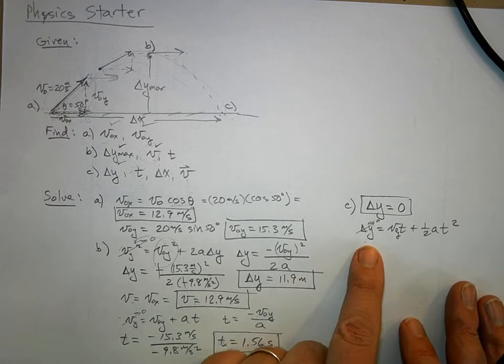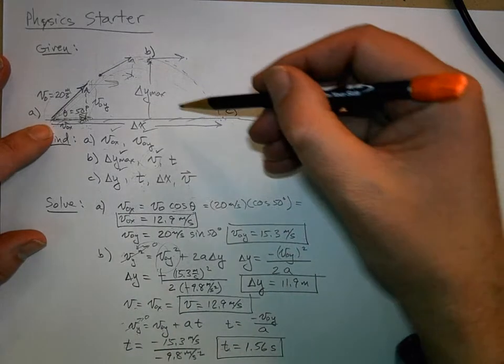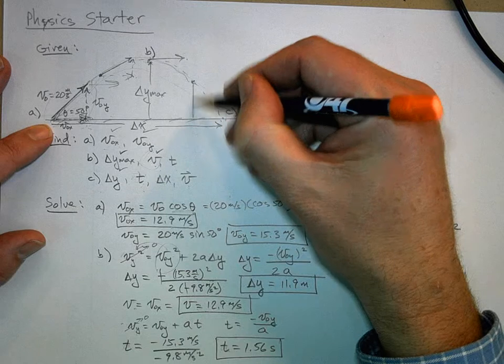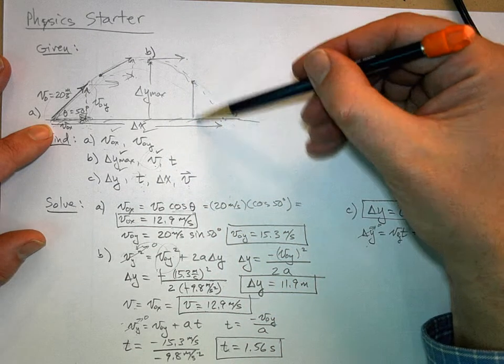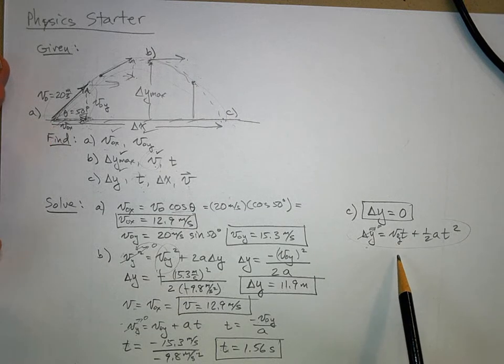If delta y is non-zero and you want to know how much time it took the ball to go up and then back to this height right here, it would be possible to solve for time, except what kind of equation is that going to be? A quadratic. So you have to use the quadratic formula, or you with your fancy calculators could hit the solve button and get 2 answers.